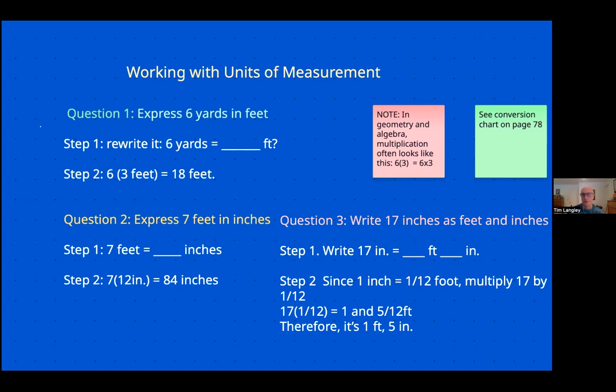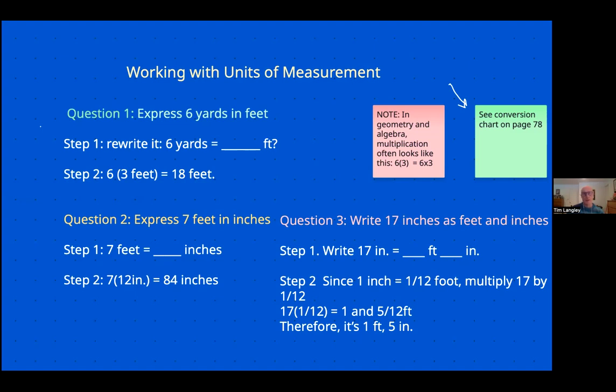It says that 1 foot equals 12 inches, and 1 yard equals 3 feet. And it'll go all the way up to a mile, tell you how many feet there are in a mile. So use that chart, and you can use it in homework. You can use it on the test. It's fine.